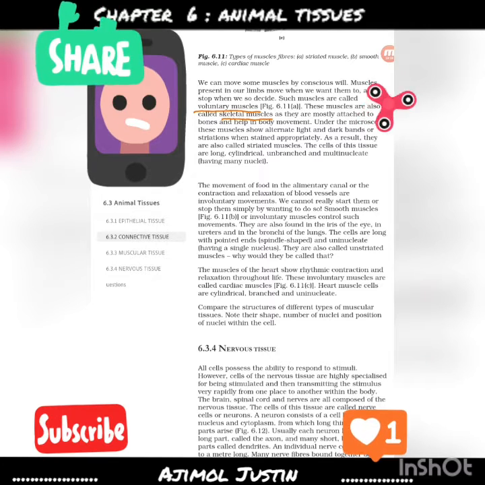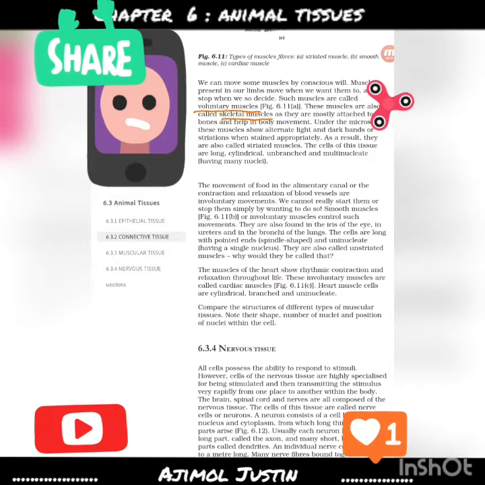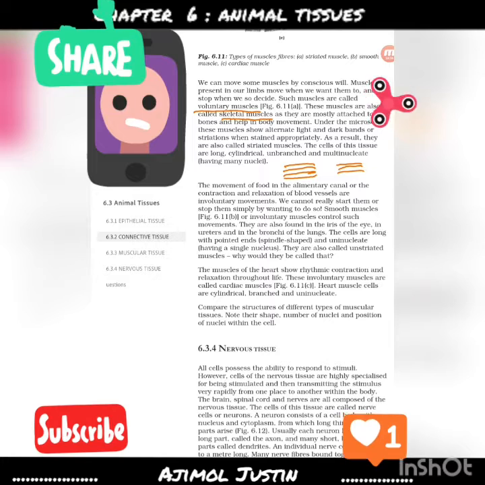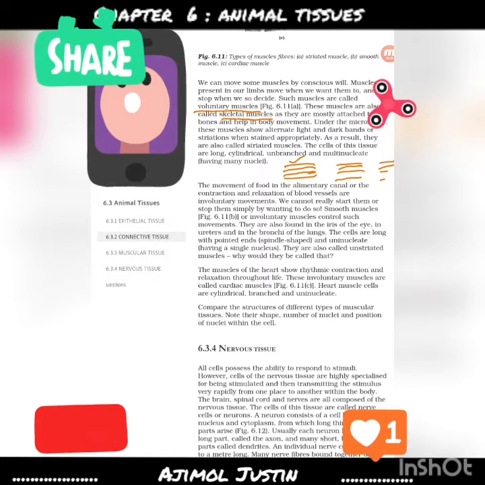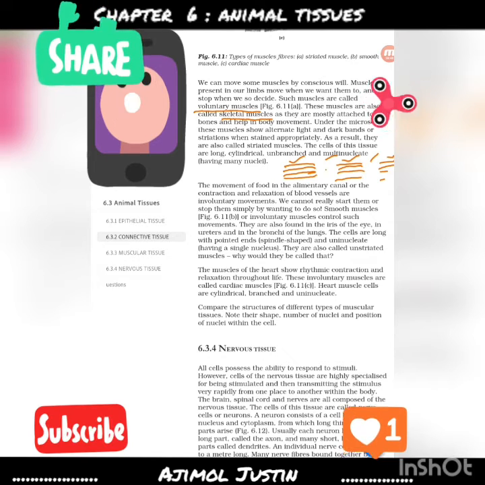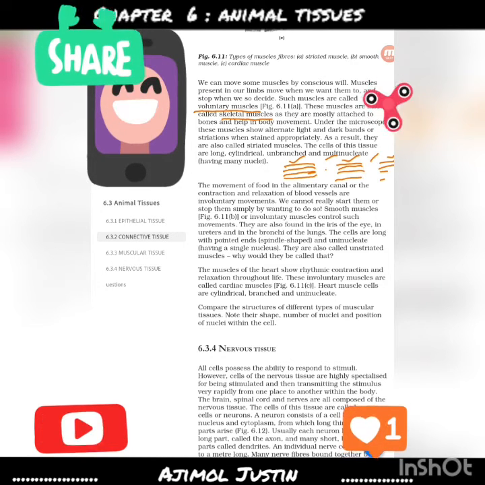Now if you watch under the microscope, these muscles show alternate light and dark bands. They will have bands like this. So these places are called dark bands, right? And this place is called light bands. So when you see under the microscope, it appears like striations.